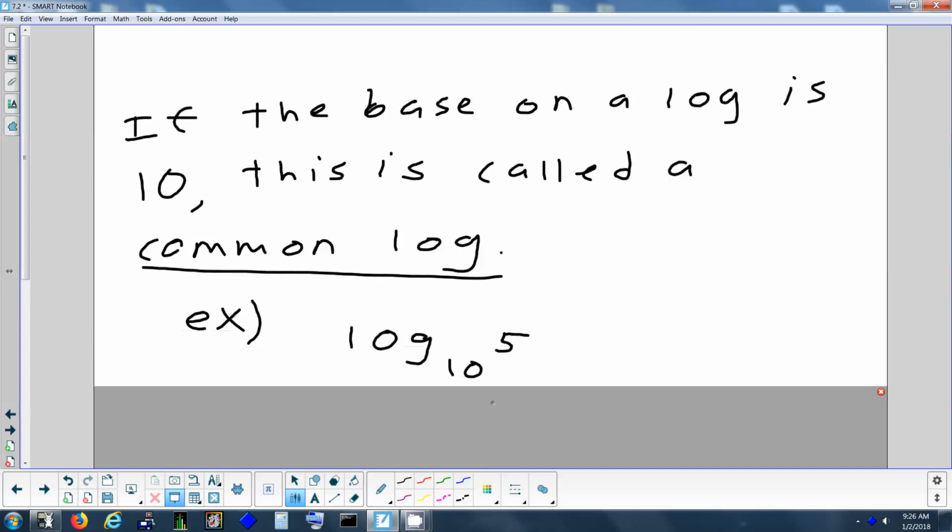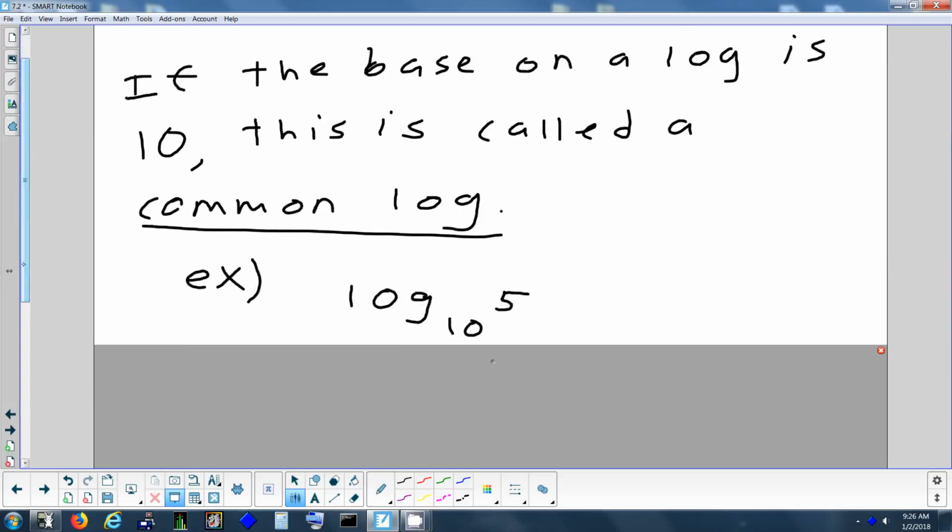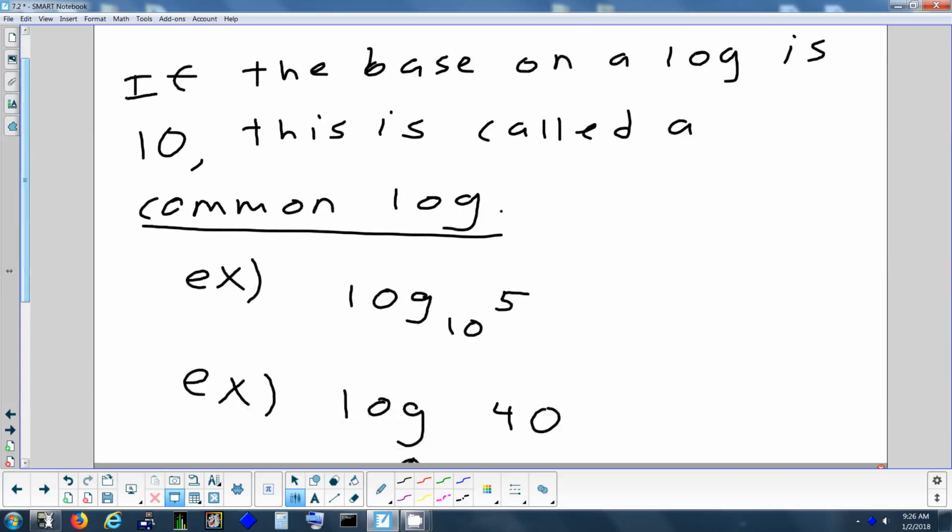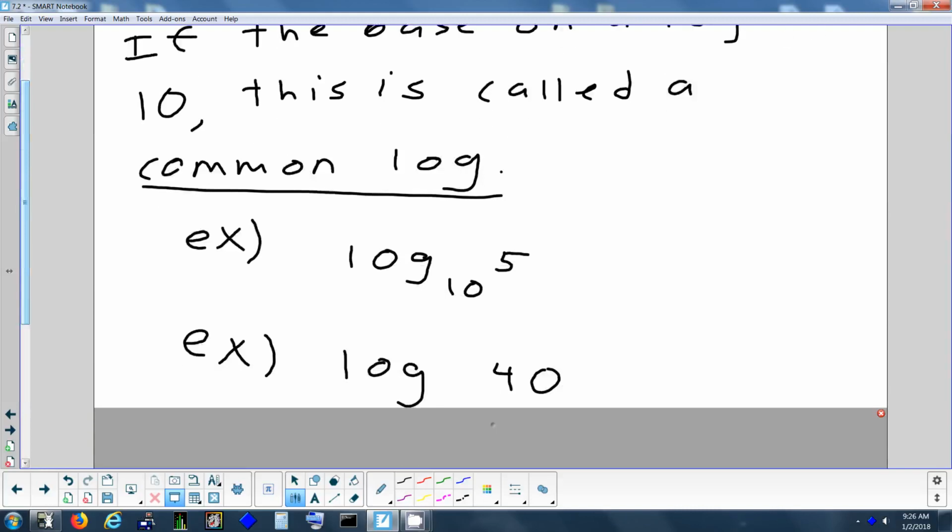Log base 10 of 5. That's also an example of a common log. Log 40. What's different besides the actual numbers? What's different between the two examples I just wrote? There's no base on the second one.